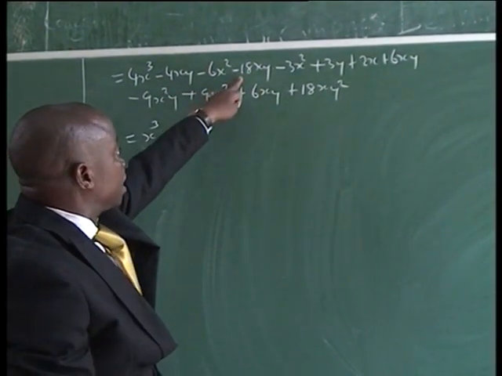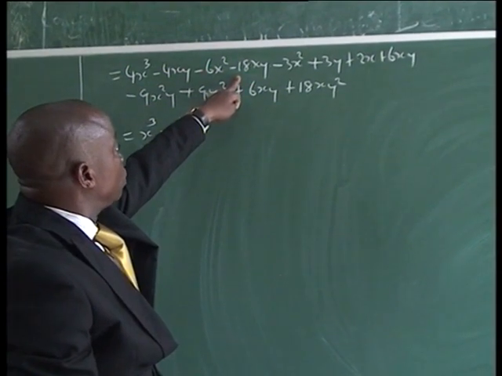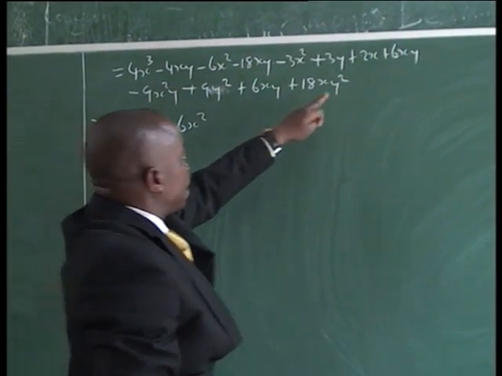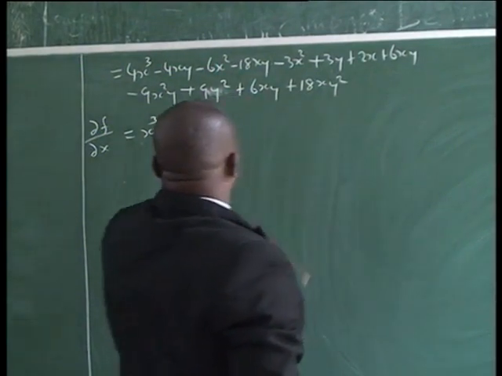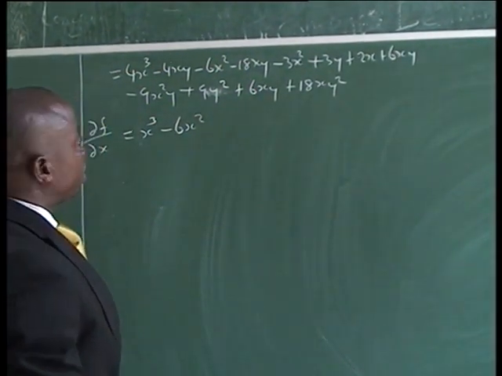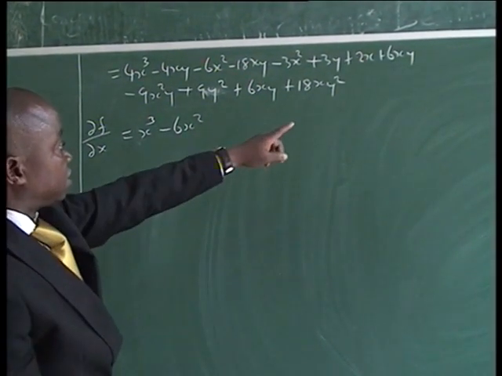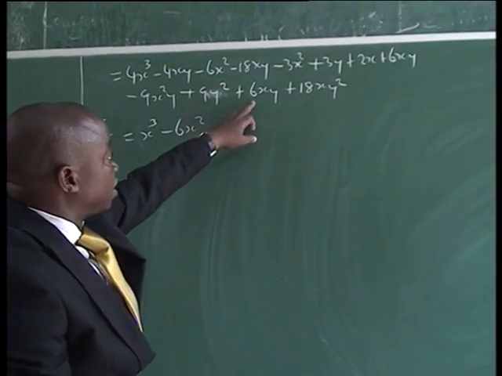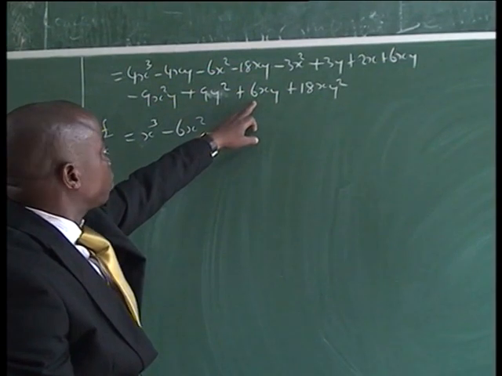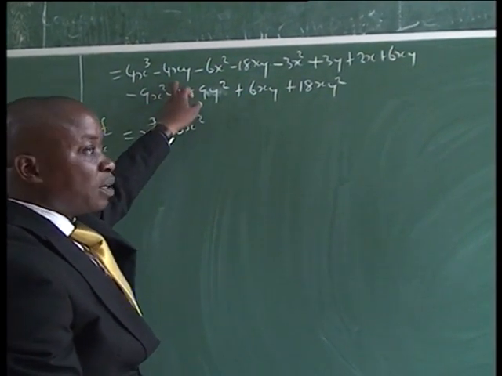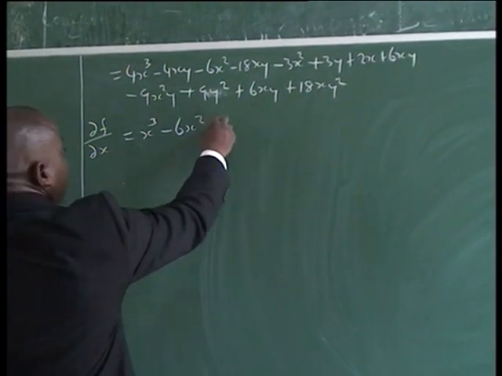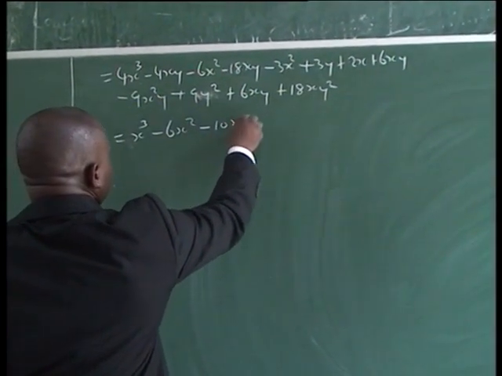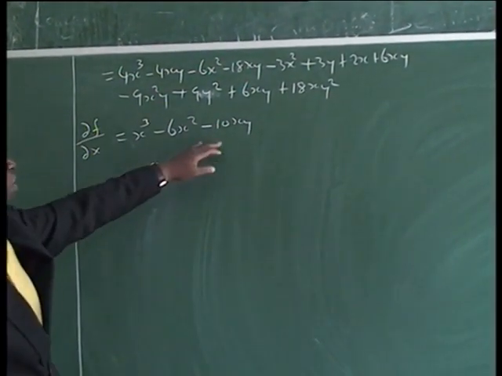So this and this can give us minus 22xy. We have 6 here. Okay, so minus 22 plus 6xy. We also have another xy here. So we have 12xy minus 22xy, and that gives us minus 10xy, because minus 22 plus 12.